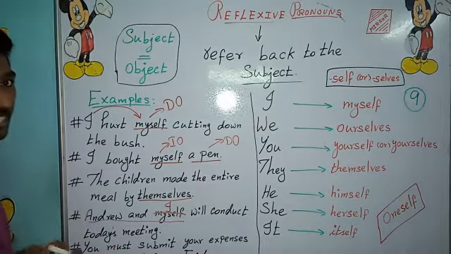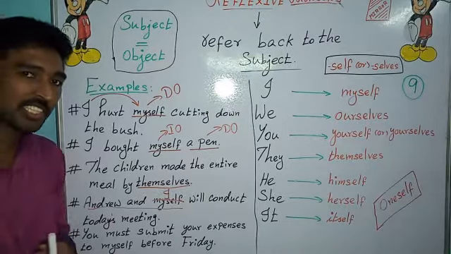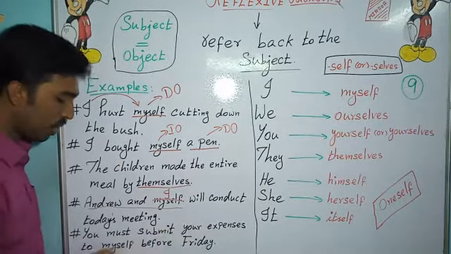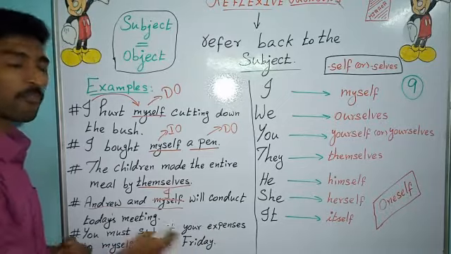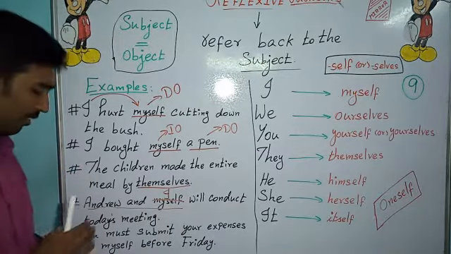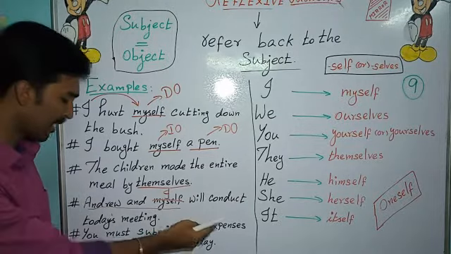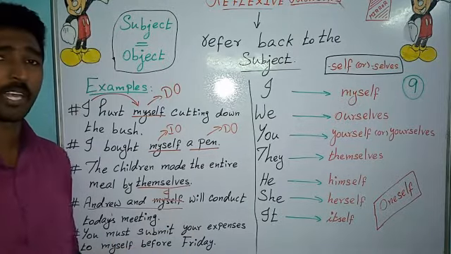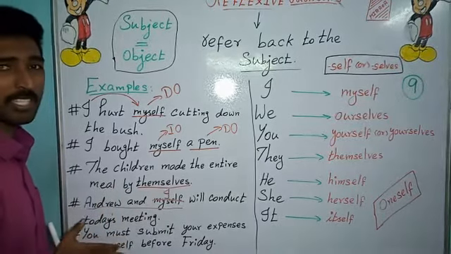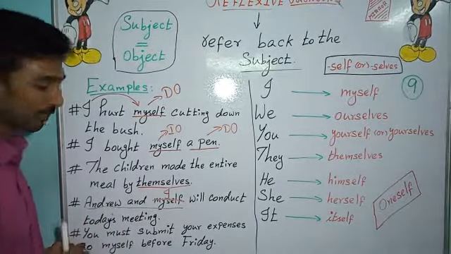Let's move to the next sentence. The last sentence here is, you must submit your expenses to myself before Friday. Does it sound well? It's one of the common mistakes everyone commits when writing a sentence.